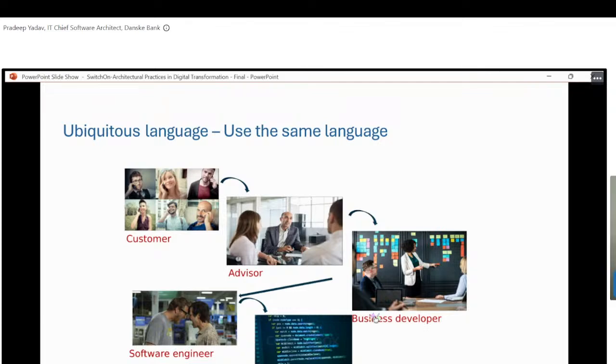This is important because if there is miscommunication, a lot of misunderstanding starts coming up, and with this approach we see a lot of clarity upfront, it increases productivity, and it adds a lot of value to our design decisions.